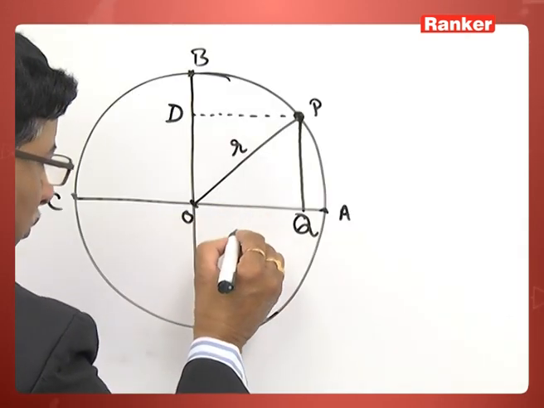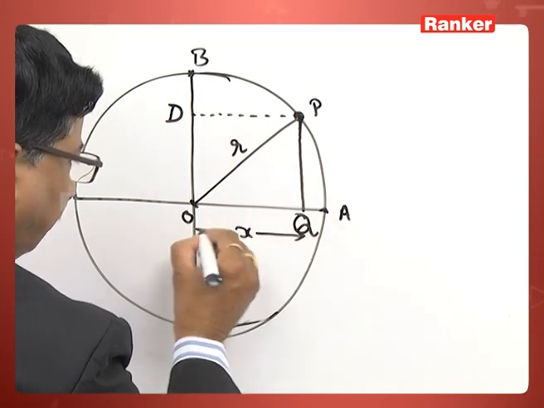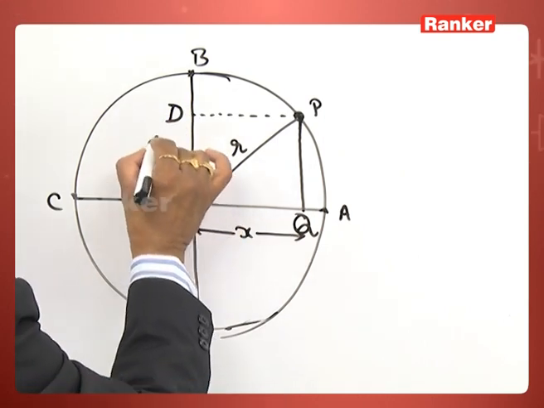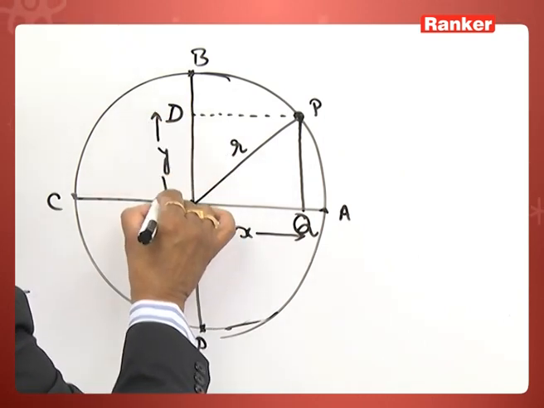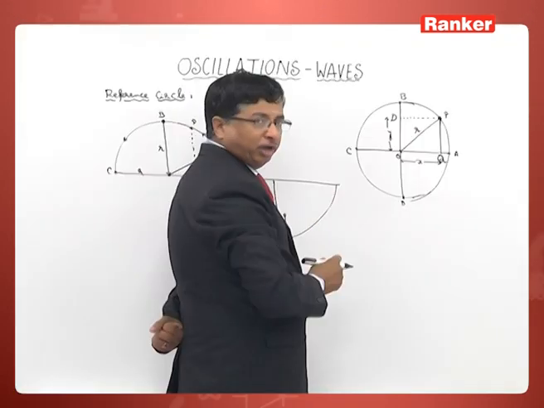This OQ gives you the x coordinate of this point P, and this OD we can take as the y coordinate of this particular point. So, one is the x coordinate, one is the y coordinate.